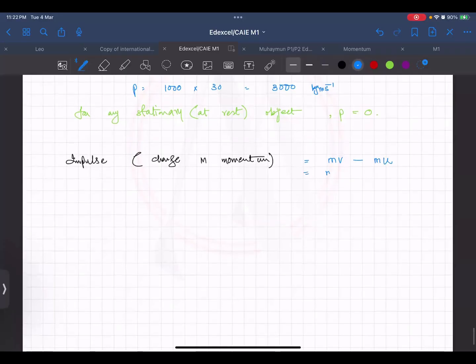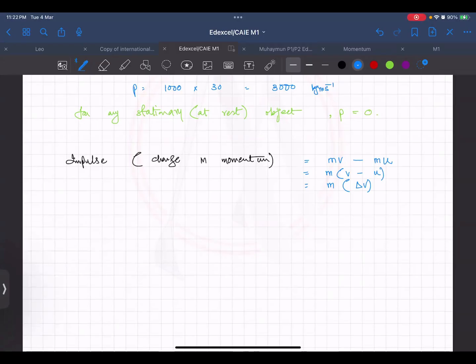Or if you take mass as common, you will get m times (v minus u). You can also write it as mass times change in velocity, because change in velocity is v minus u, the final velocity minus the initial velocity. This is one of the things they may ask you to find.